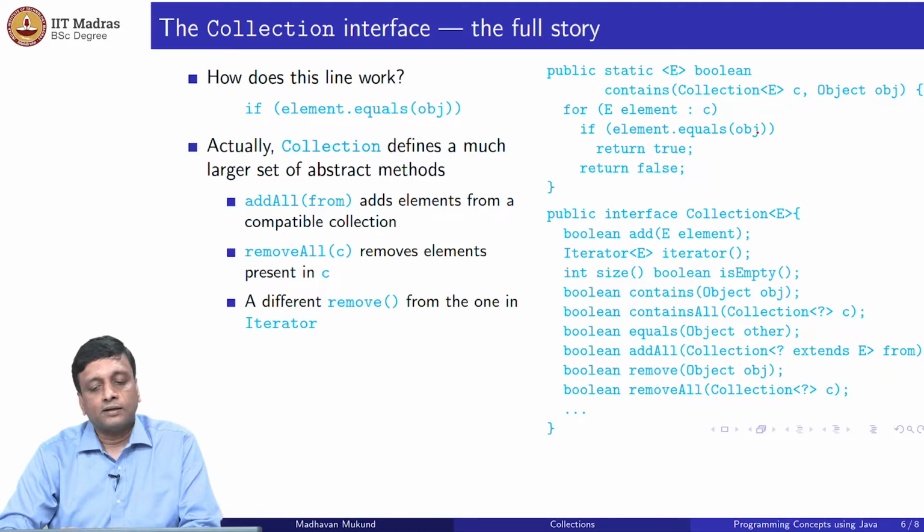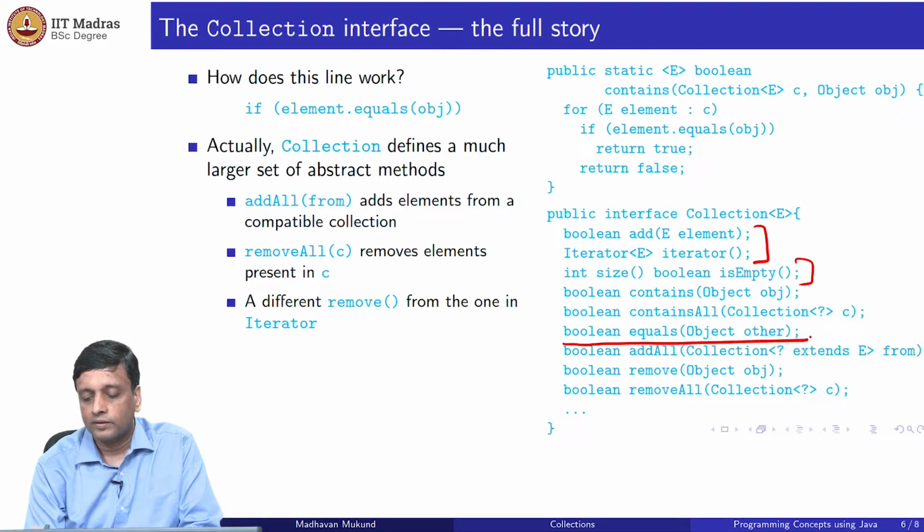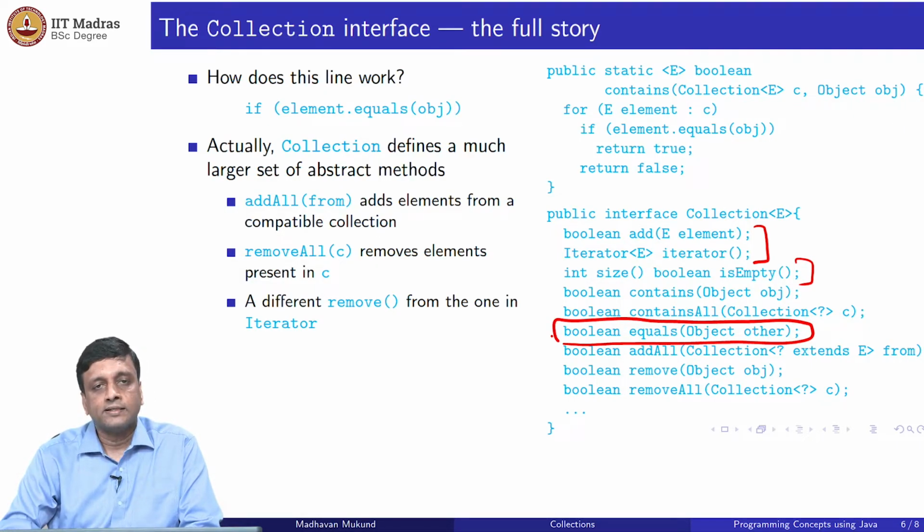It turns out that what we saw earlier as the interface of collection is only the tip of the iceberg. In particular, in collection we saw these three, and we probably saw size is also there, but it also has, for instance, this. The interface collection actually requires that you have a function which can sensibly compare an object of the underlying collection to any arbitrary incoming capital O Object.